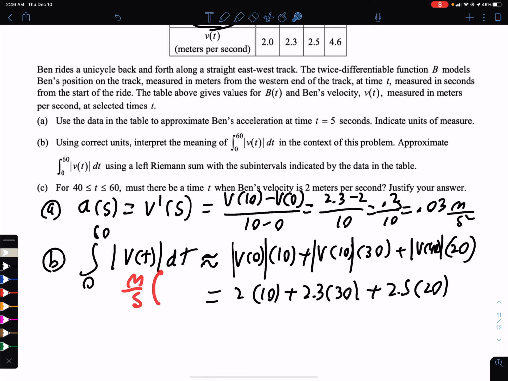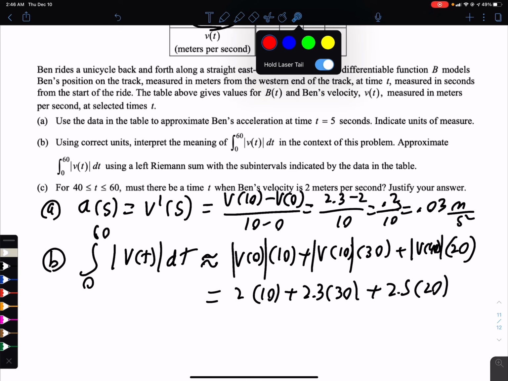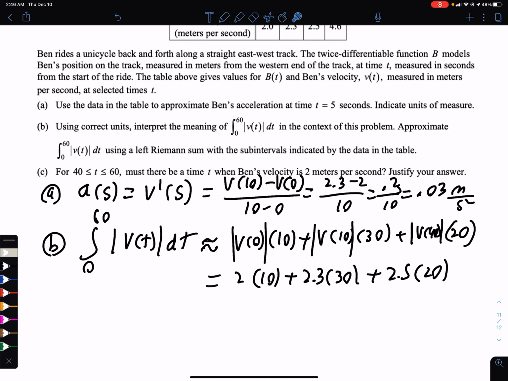You're multiplying by time, which is seconds, so you're going to get meters. Remember, integration, you're multiplying velocity times time and adding them all up. You're summing them.